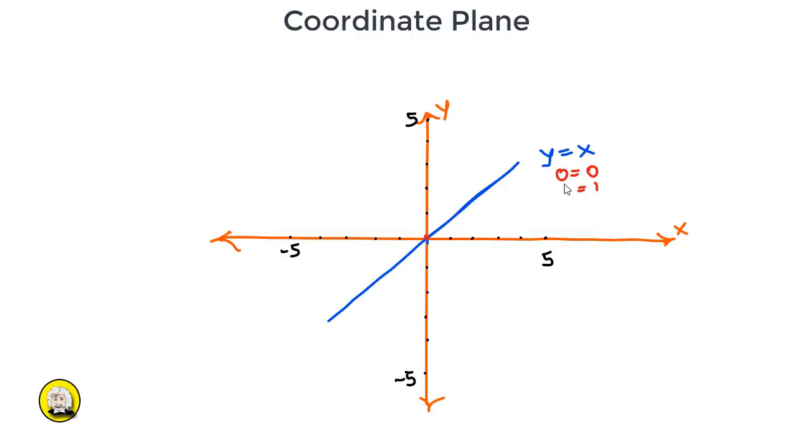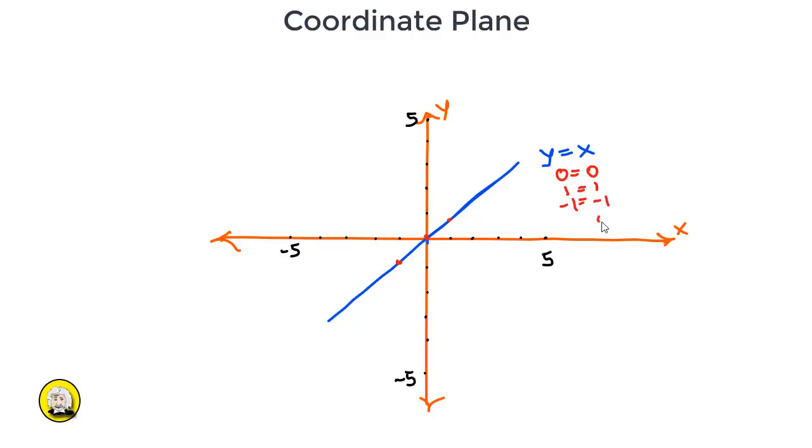For the point where x equals 0, my line goes through y equals 0, so it should run through 0, 0, the origin, and sure enough it does. And when x equals 1, likewise y should equal 1, so my graph of the line should go through the point 1, comma 1. And again, it certainly does.